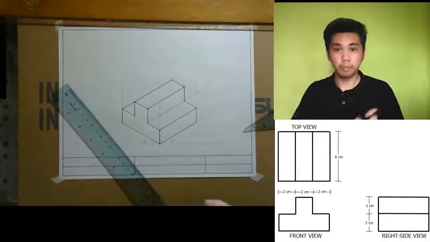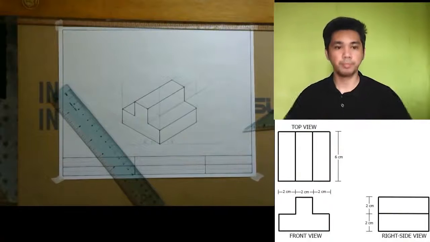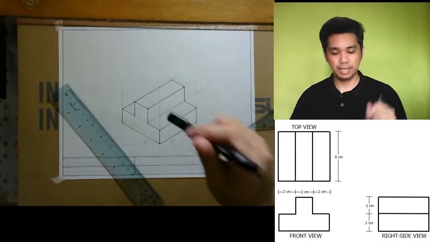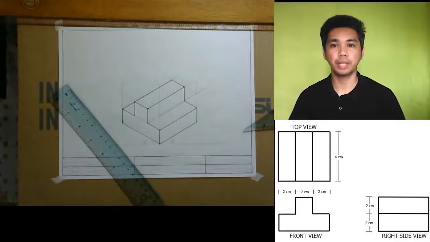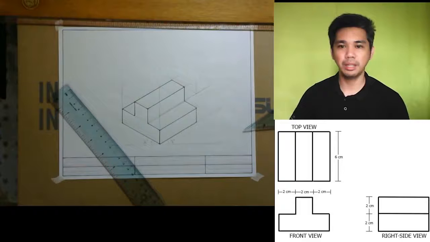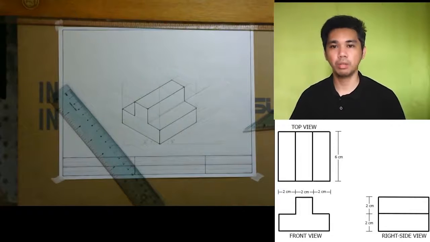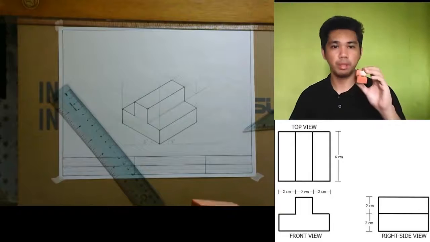Okay, now the question is, is that our final object? Not yet, because we have to show the hidden lines. In a three-dimensional object, there are lines that can be beneath or below, on the rear of the object, much like this one.